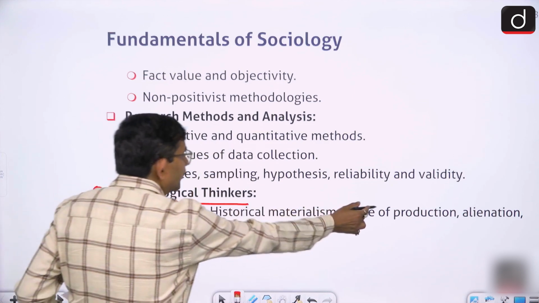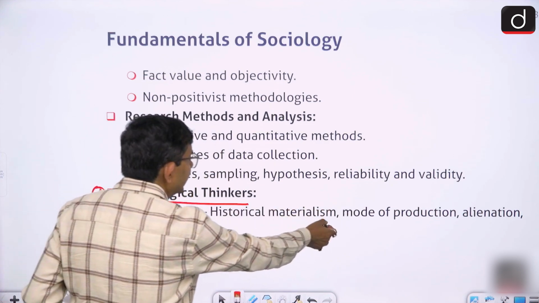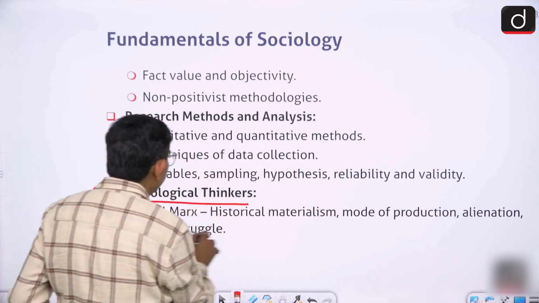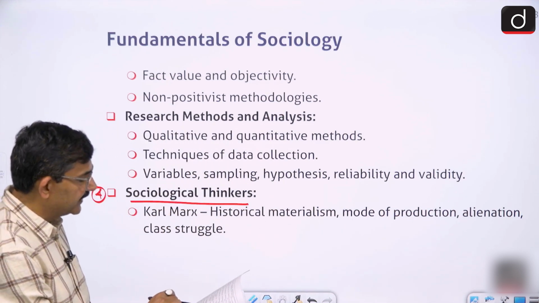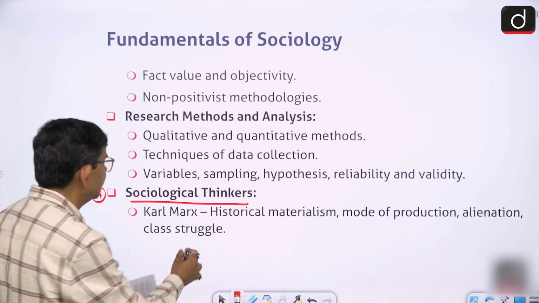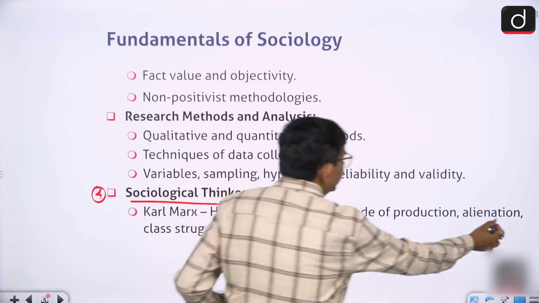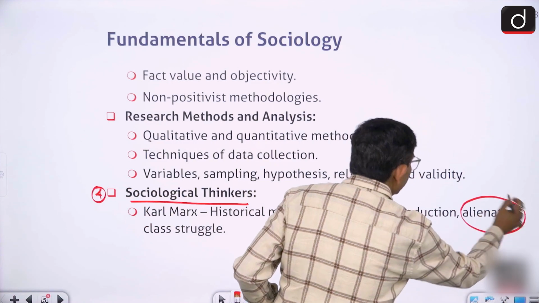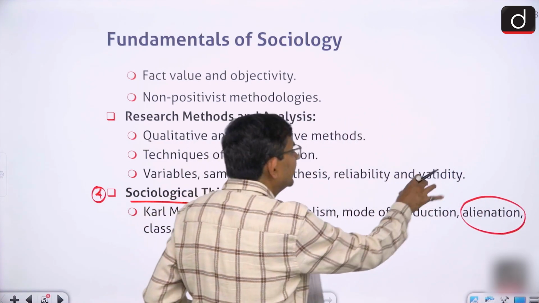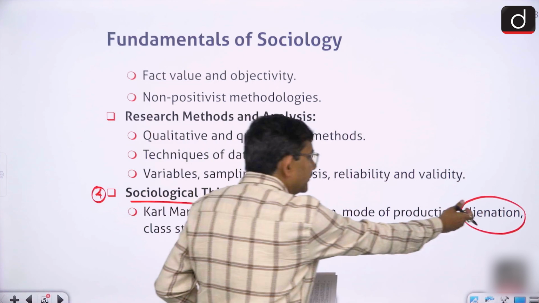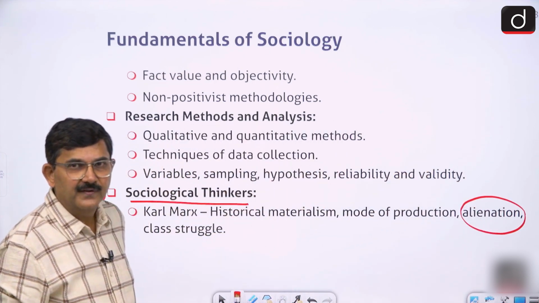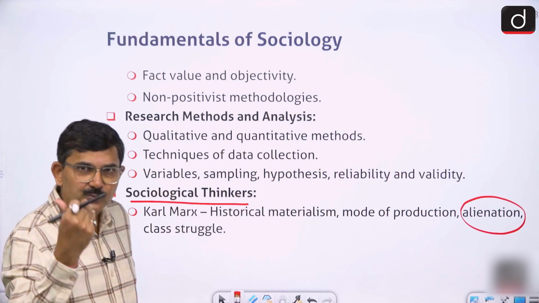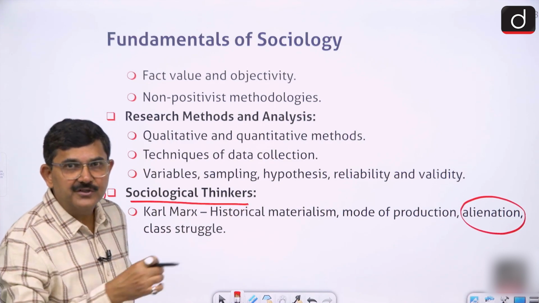These are the topics you have to study: historical materialism, mode of production, alienation, class struggle. The question: critically assess Marxian theory of alienation. First of all you have to present the theory, then go for critical assessment of the same. So the theory that Marx has given is what you have to deal with. You cannot change the theory.